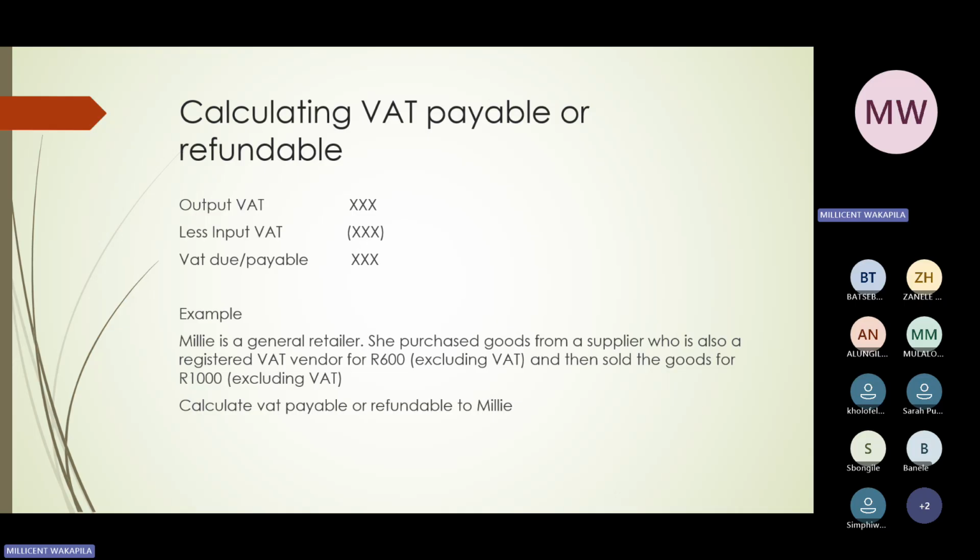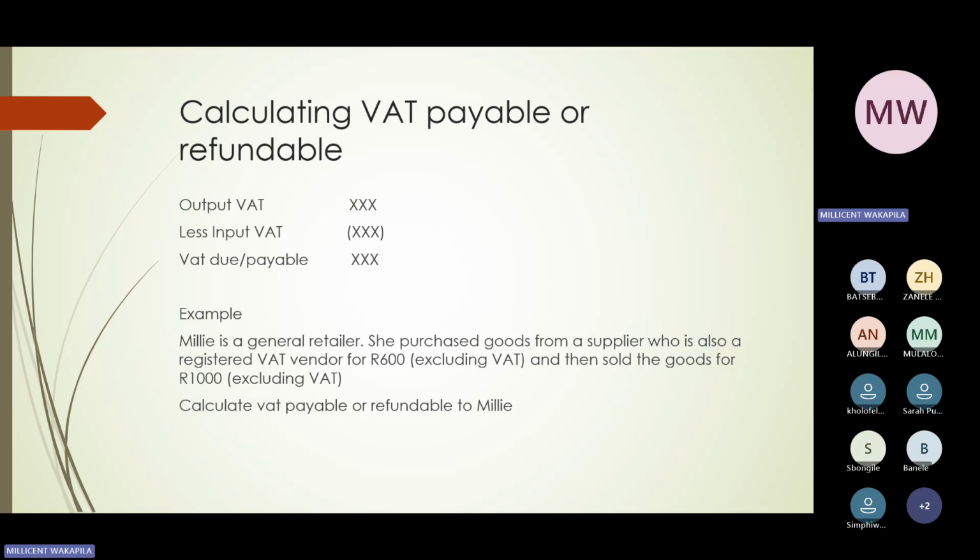What am I saying? In your test and exam, you have to take note of the flow of goods. Obviously, it's going to be a list of transactions that you're given, maybe 10, maybe 12, maybe 15, and you have to be able to see that, oh, this is an outflow of goods, so the goods are going out, it means it's an output.